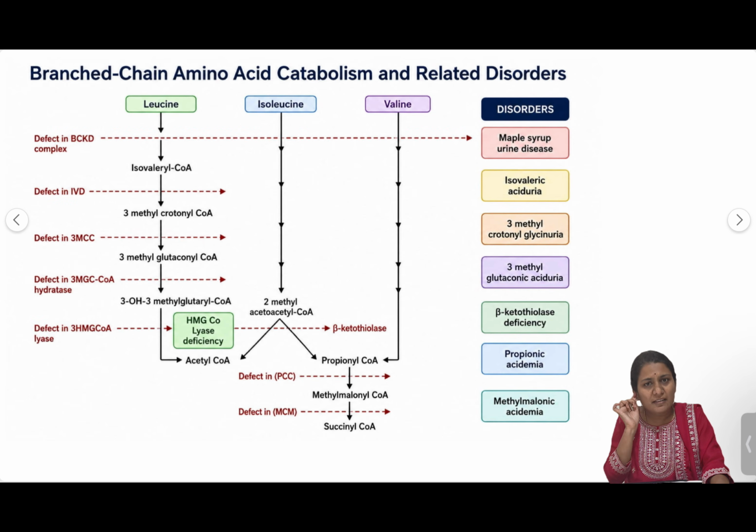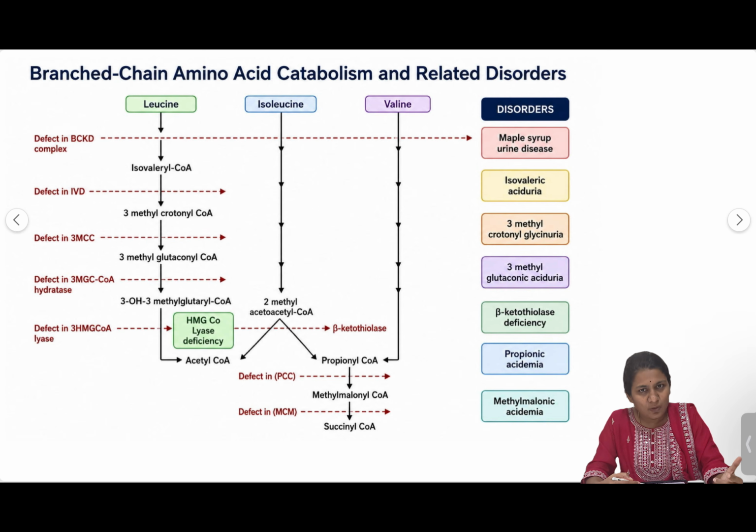Before starting this topic in depth, let's study the metabolism of branched chain amino acids. In the last class we discussed amino acid metabolism, where the first step is transamination followed by deamination, then it mixes with glutamate and glutamine is formed.